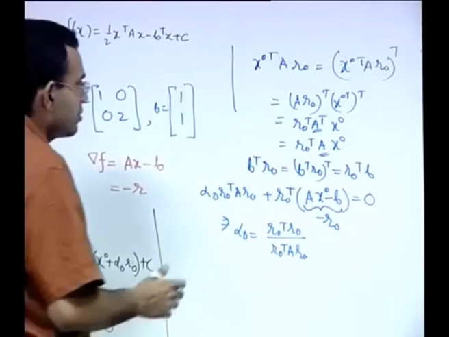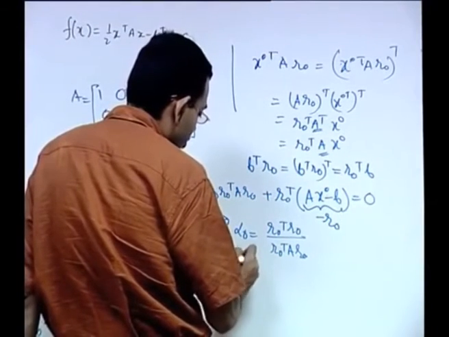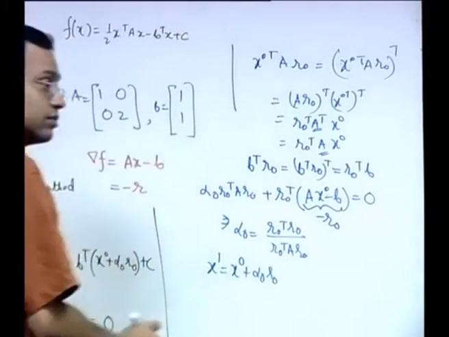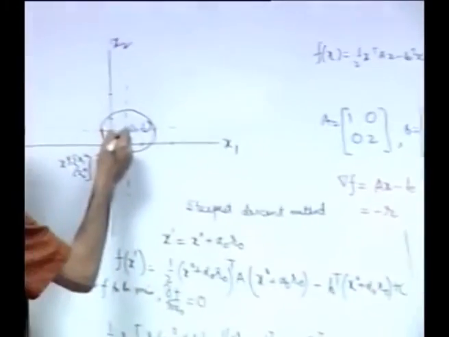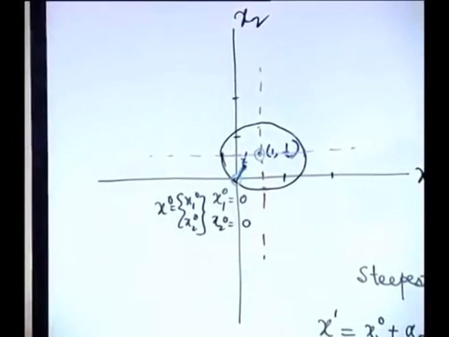So, with this we can say that the new x, x1, is equal to x0 plus alpha 0 r0. So you move up to a certain x, and that is the new x, x1, and then you change your direction.